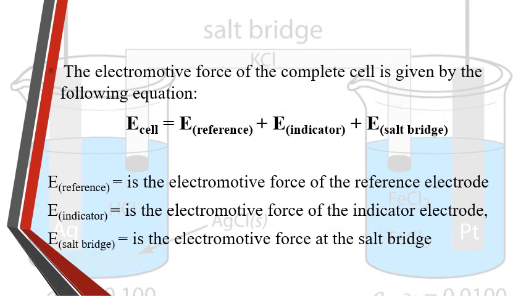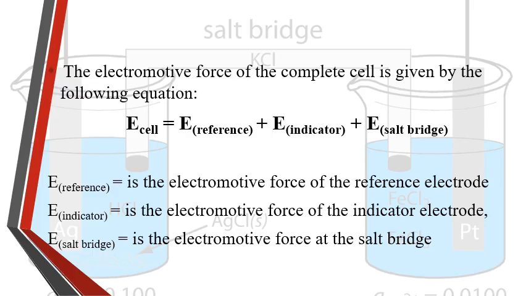As I explained earlier, the electromotive force of a complete electrochemical cell is the total voltage generated by the cell. This voltage is the sum of the potentials contributed by the various components of the cell. E indicator represents the electromotive force of the indicator electrode.